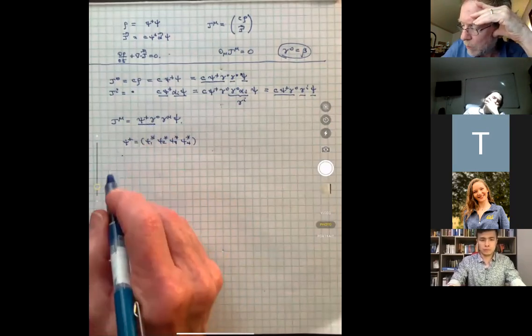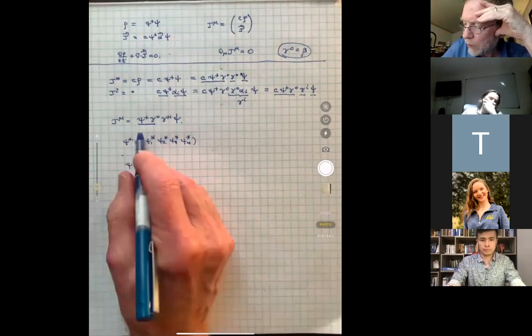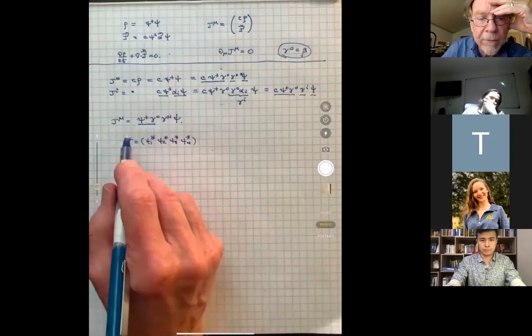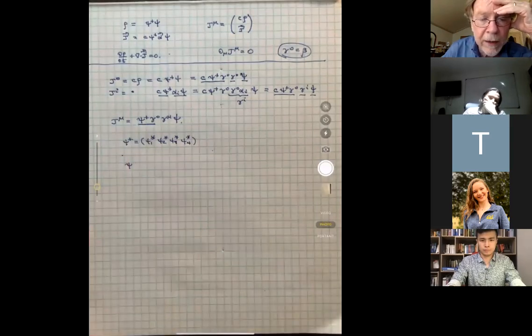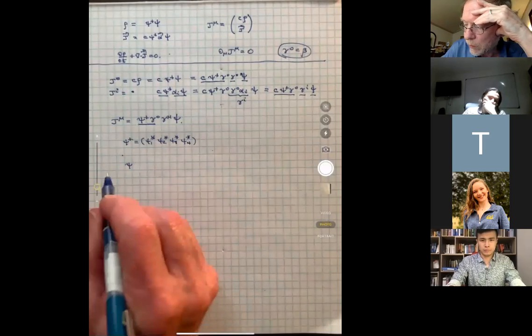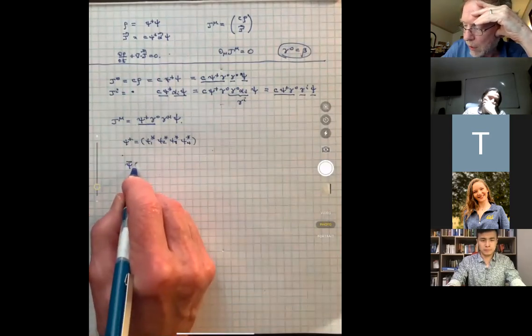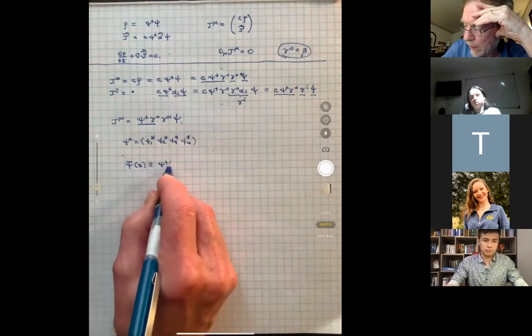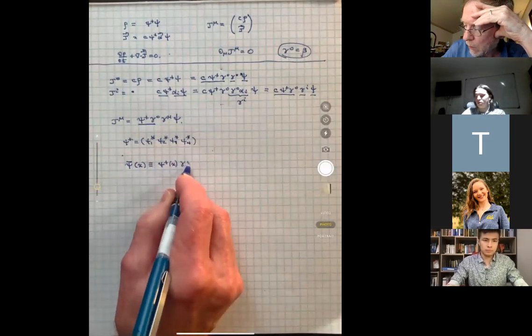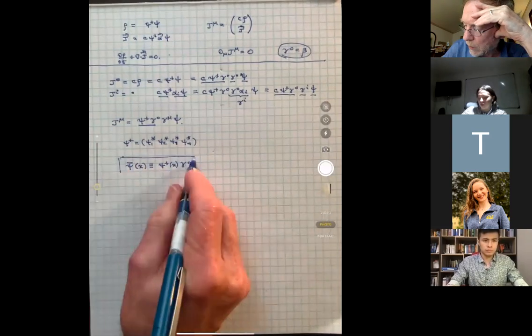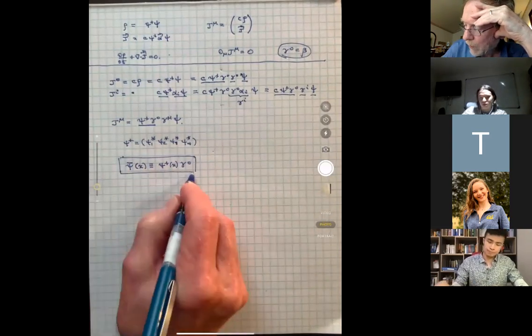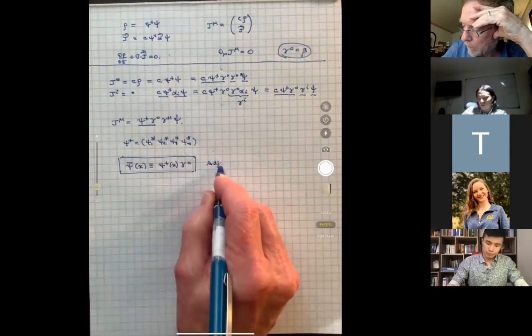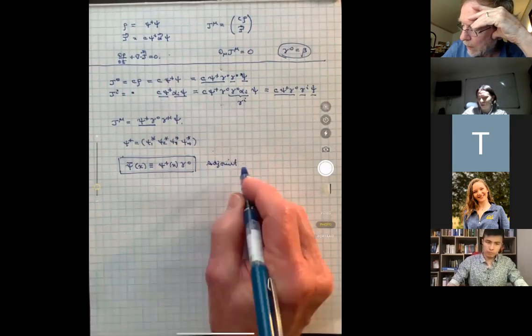This combination, psi dagger gamma 0, is a frequent occurrence in the Dirac theory, and so it's given a special notation and a special name. It's called psi bar of x, by definition psi dagger of x times gamma 0. Let me box it because it's an important definition. And this is called the adjoint spinor.